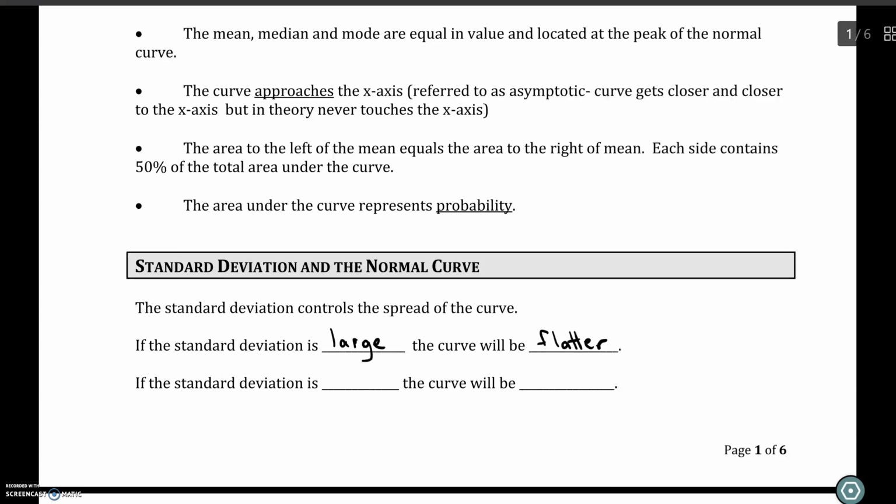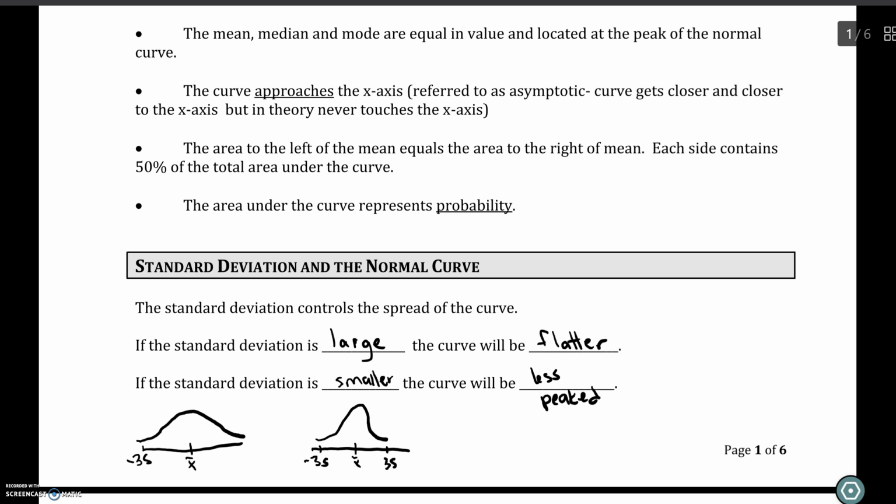If the standard deviation is smaller, then the curve will be more peaked, because we will go from our mean to 3 standard deviations much quicker. And remember, the cumulative area underneath the curve is always 1.